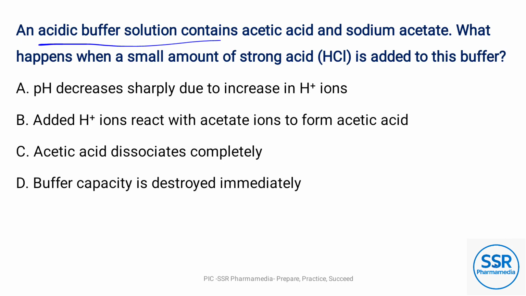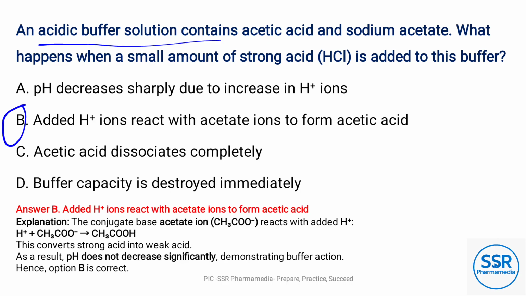An acidic buffer solution containing acetic acid and sodium acetate: what happens when a small amount of strong acid is added to this buffer? Option B, the added H plus ions react with the acetate ion to form acetic acid.